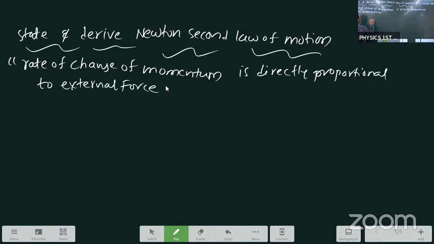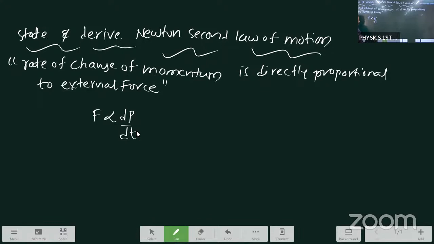Just F directly proportional to dp by dt. Rate of change of momentum is directly proportional to the external force acting on the body.